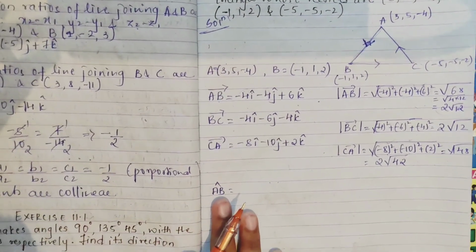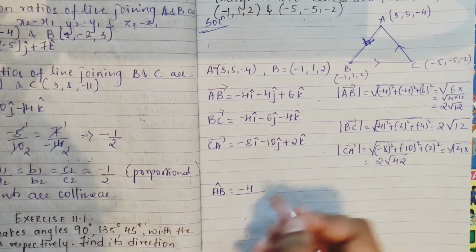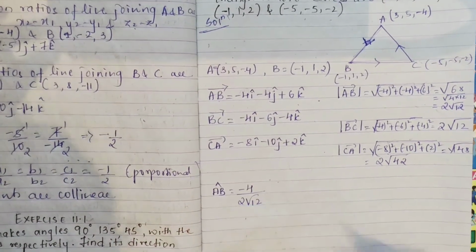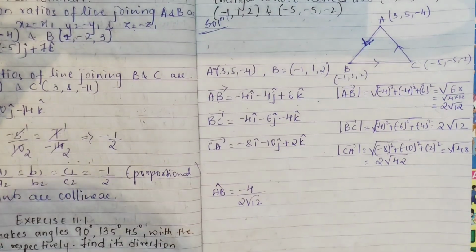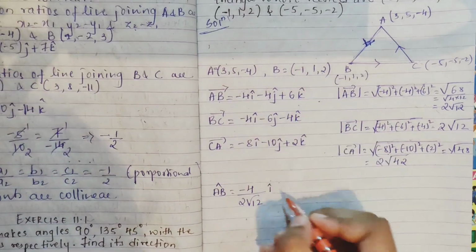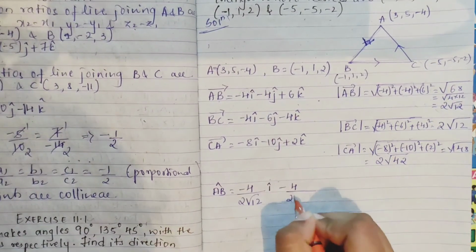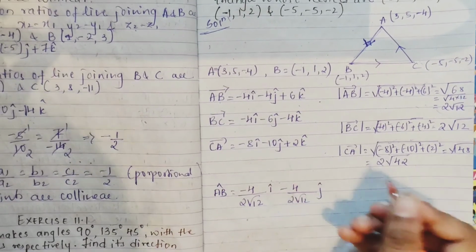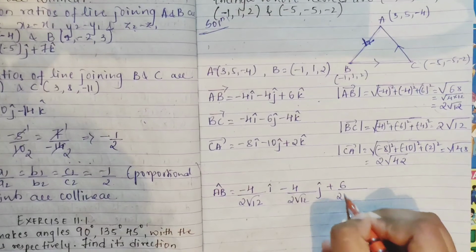So you'll get minus 4 divided by 2 root 17 i cap, again minus 4 divided by 2 root 17 j cap, then plus 6 divided by 2 root 17 k cap.